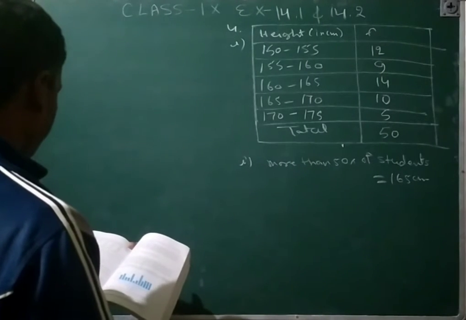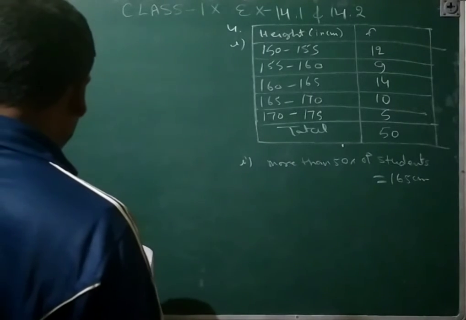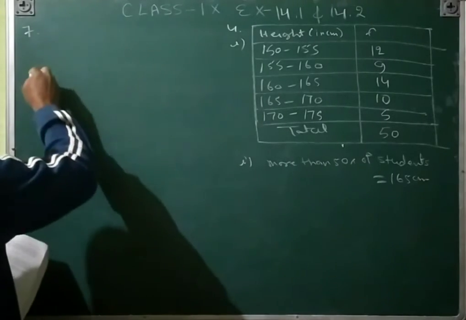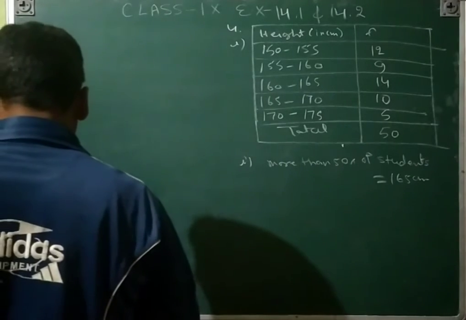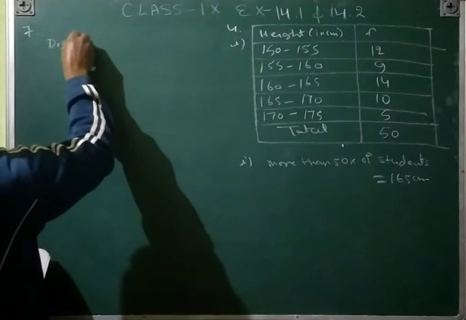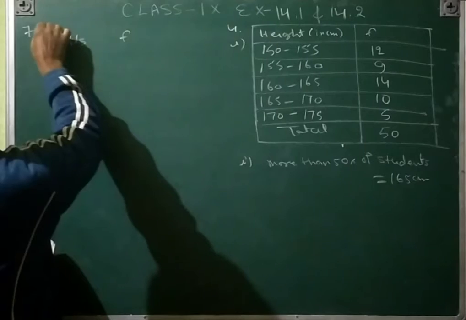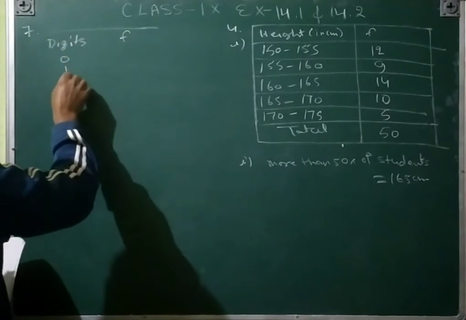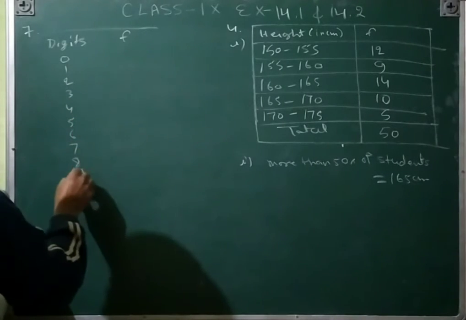The value of pi up to 50 decimal places is given there. Make a frequency distribution table. So we will start writing that one. Digits and then frequency: 0, 1, 2, 3, 4, 5, 6, 7, 8, 9.